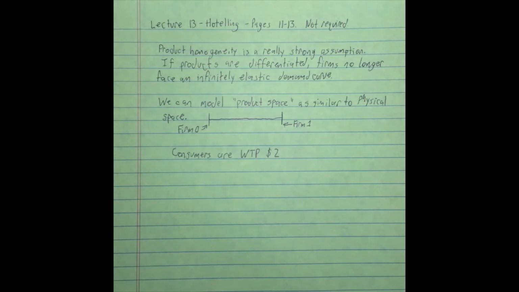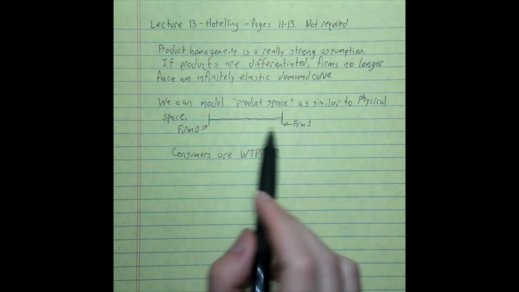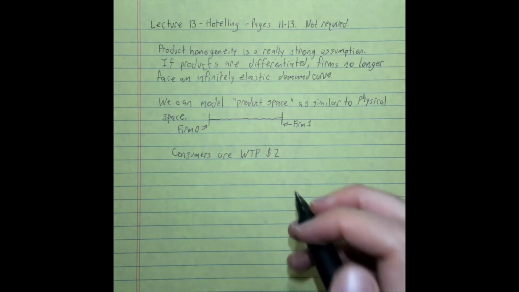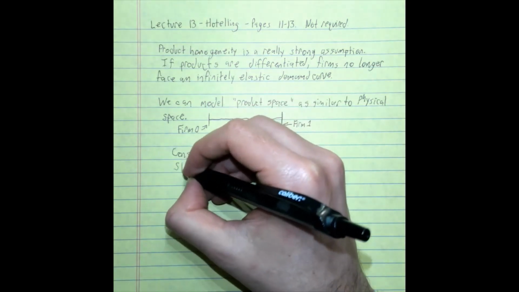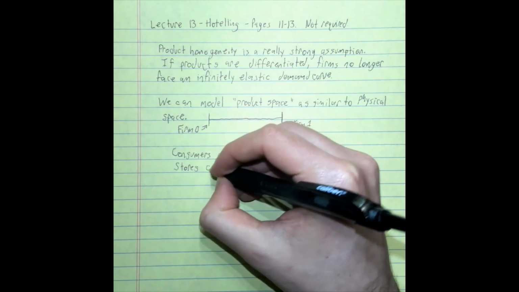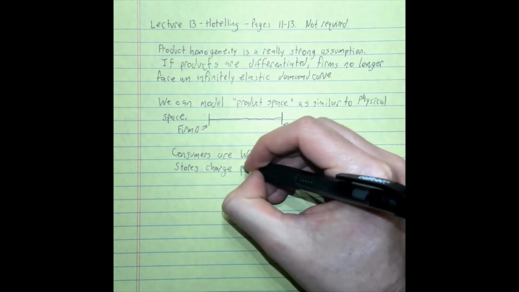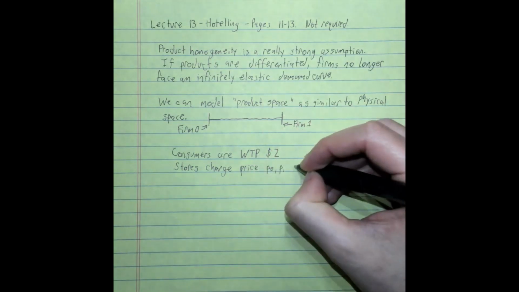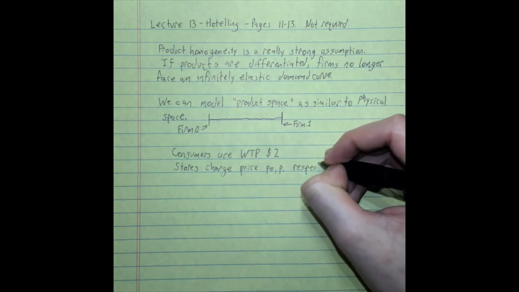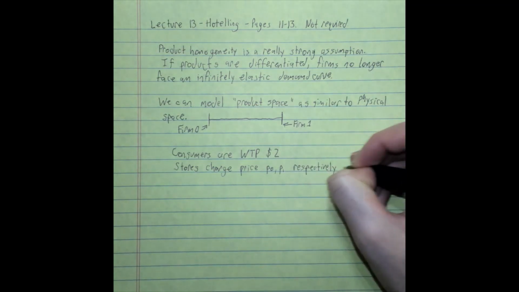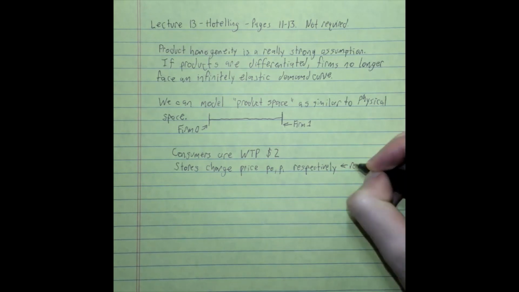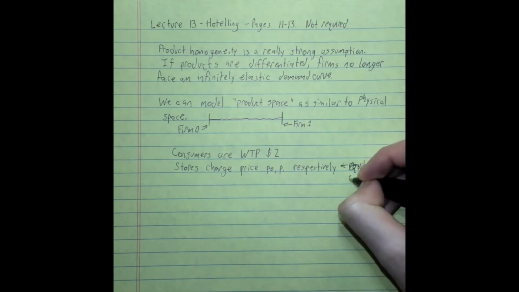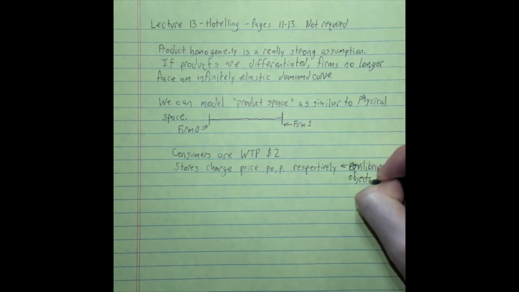So everything that comes out of differentiation is coming from this part of the model, okay? And then stores are going to charge prices P0 and P1 respectively. And these are going to be equilibrium objects. So we're going to have to solve out for what these prices are.